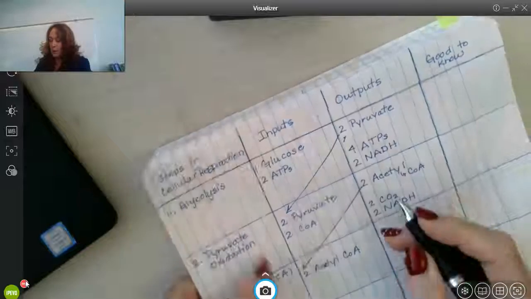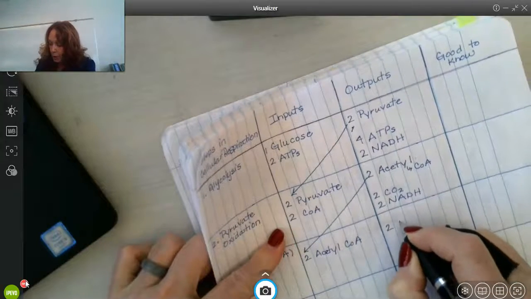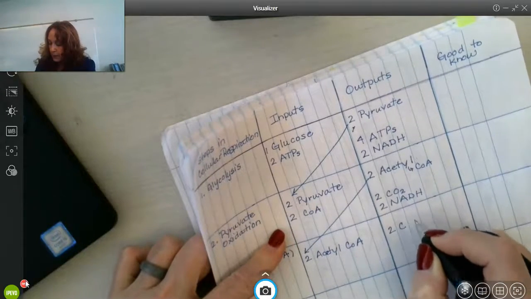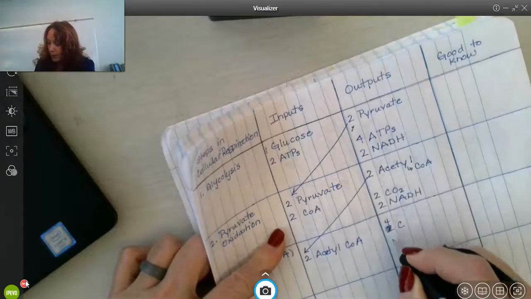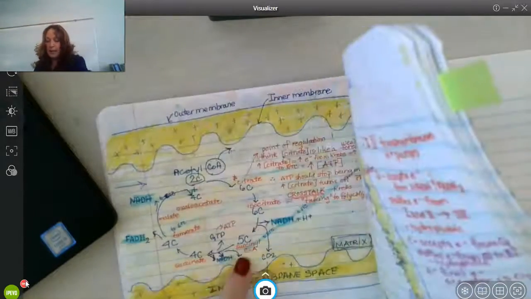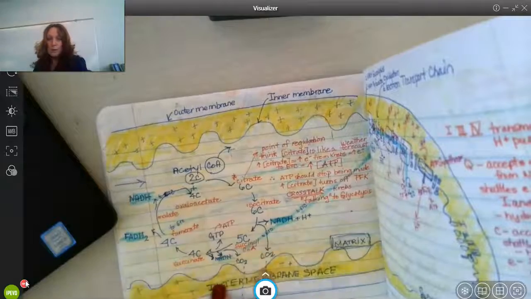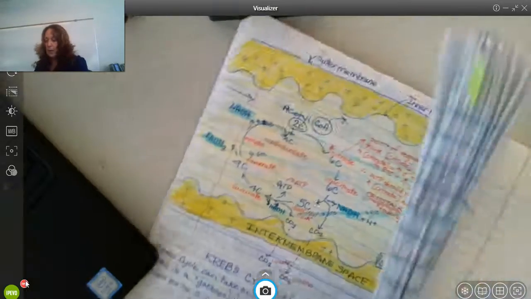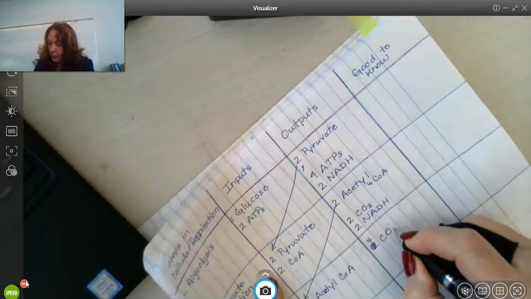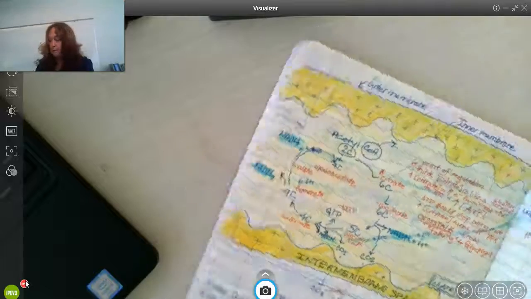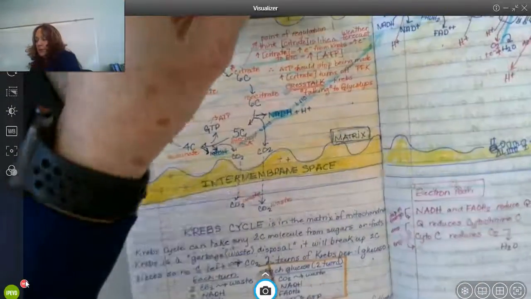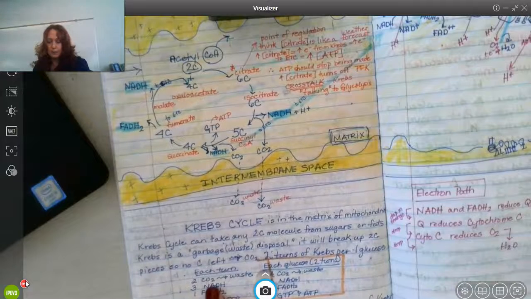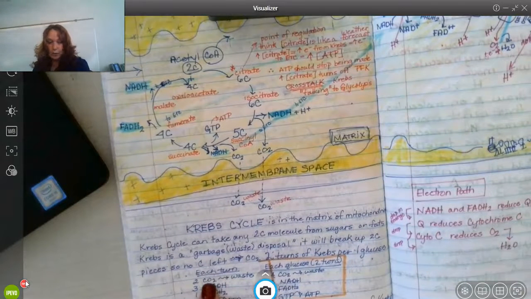So come over here and you're going to have 2 carbon dioxides per acetyl. I'm going to change that because we've been doing cumulative. So you'll have 4 total, because this is going to have to turn for 1 acetyl-CoA once, another acetyl-CoA twice. So you'll end up with 4 carbon dioxides total, which we did down here if you want to look for our notes. So for each turn, you got your 2 carbons as carbon dioxide.